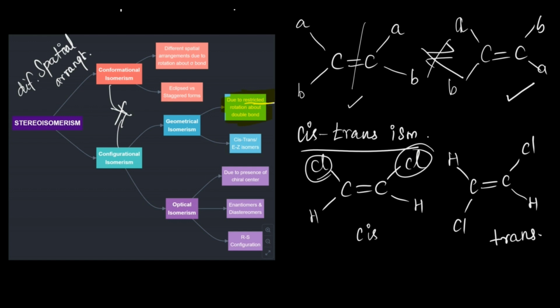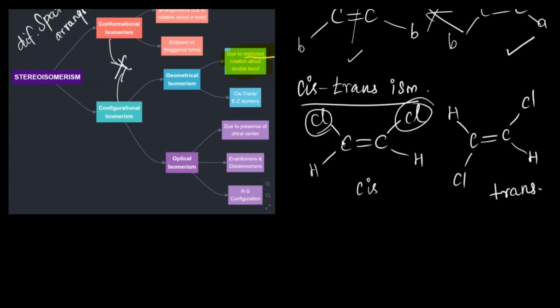As simple as that. I'm having a double bond. If similar groups are attached on the same side, then that is cis. If that is attached on the opposite side, then that becomes trans. Okay? Similar group, note it down.